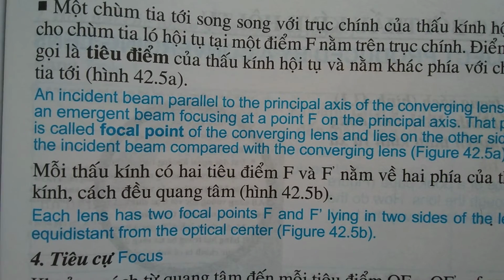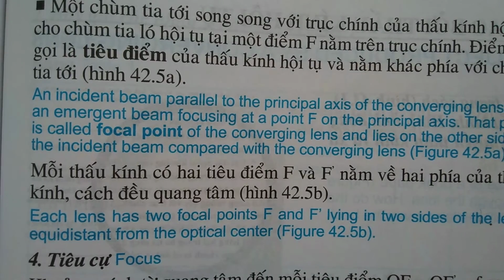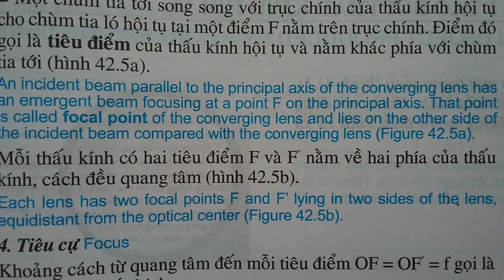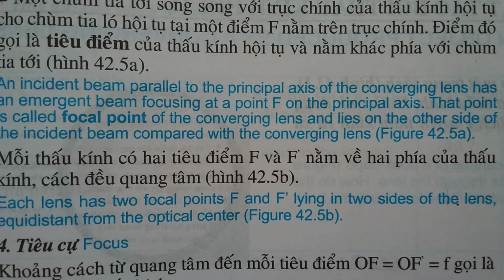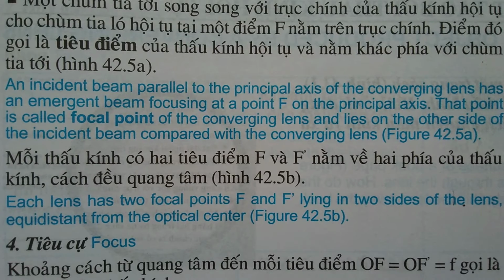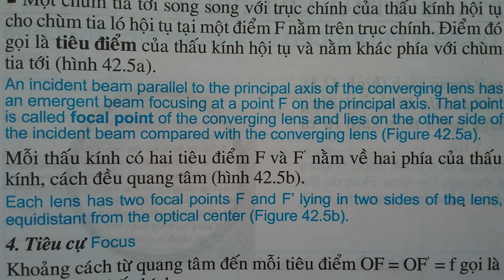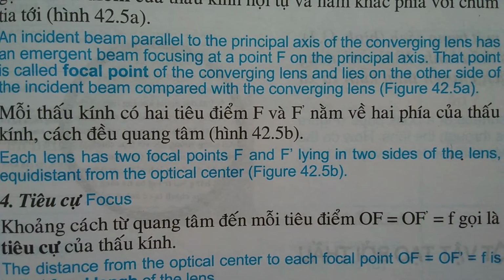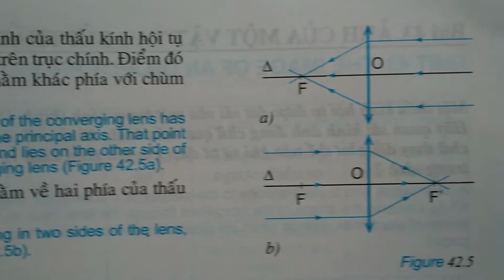An incident beam parallel to the principal axis of the convergent lens has an emergent beam focusing at a point F on the principal axis. That point is called the focal point of the convergent lens and lies on the other side of the lens compared with the incident beam. Figure 42.5a.